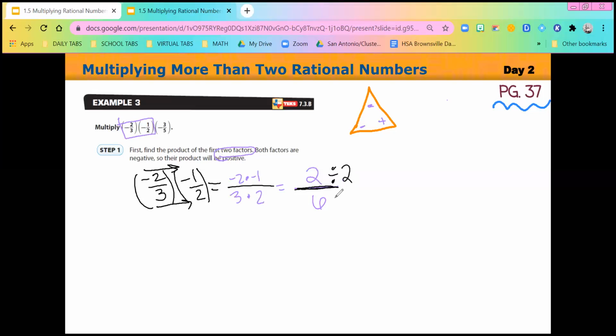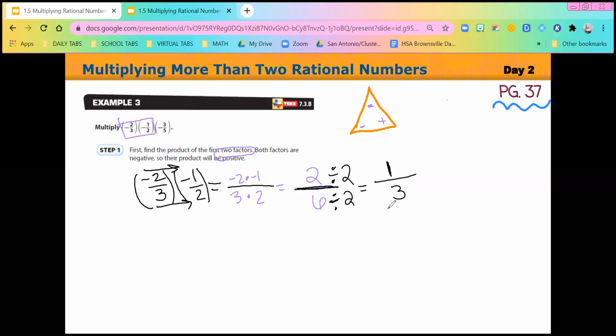Hopefully you all realize what that number is. So 2 divided by 2 is 1. 6 divided by 2 is 3. So the product of these two factors multiplied together is 1/3.